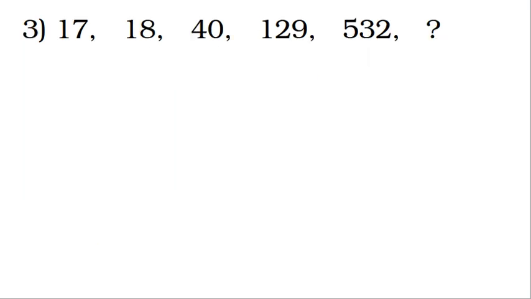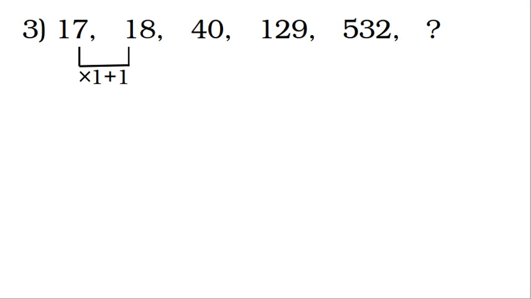Now let us look at the third question. 17 and 18, we can relate it this way, into 1 plus 1. You have to remember that when you find 2 numbers in a series with a minimum difference, I want you to get used to relating it even this way, into 1 plus 1.